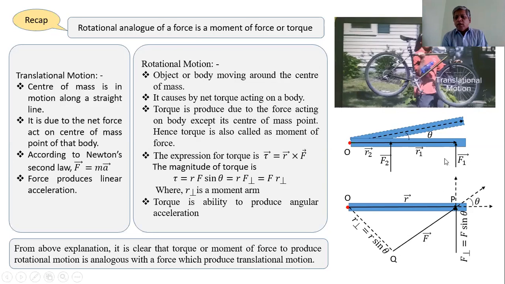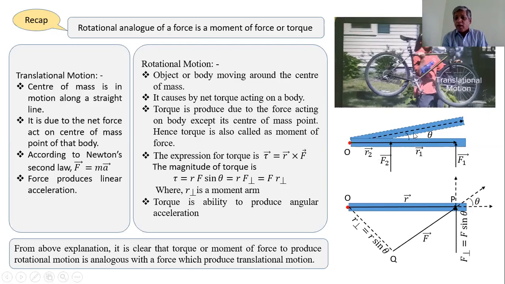Also, if we apply the force toward the point near to the axis of rotation, here F2 force is applied, and at the far end F1 force is applied. If due to this F1 force the angular displacement is theta, then the magnitude of force required at the point near to the axis of rotation is larger.